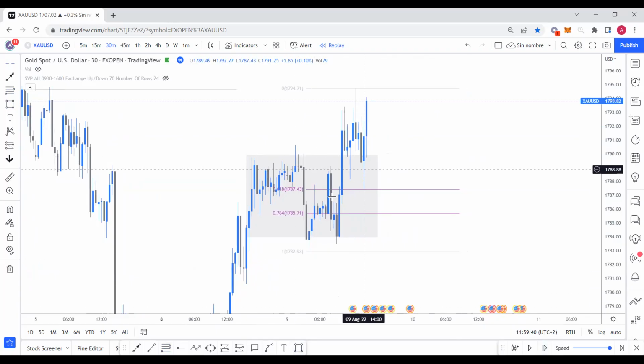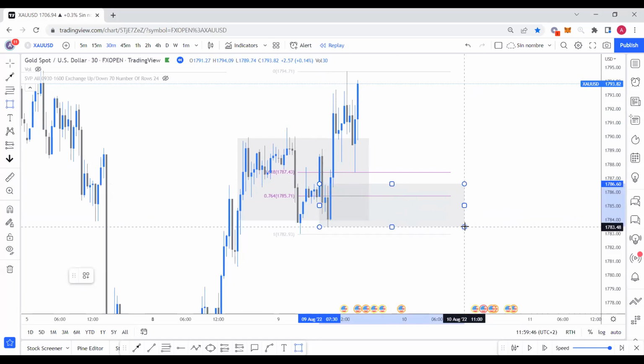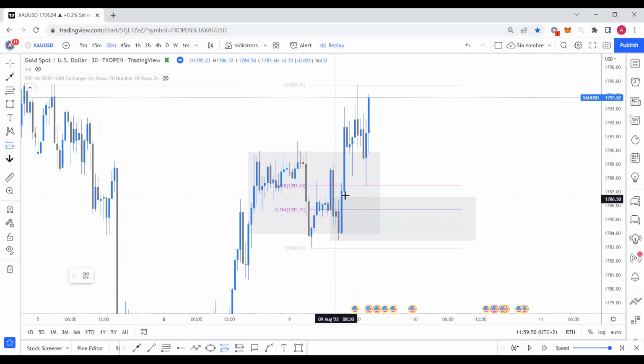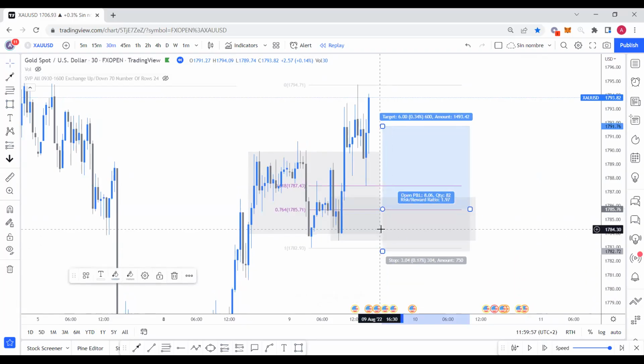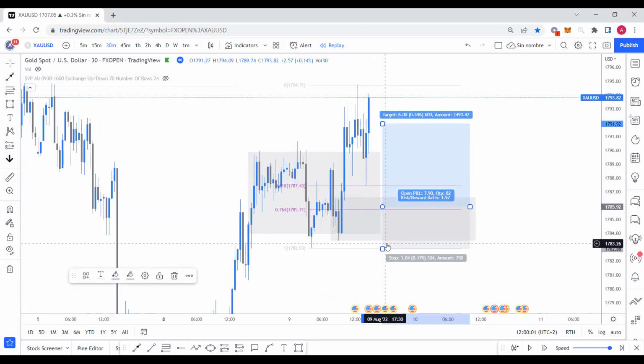Then, boom, trace your demand zone, then trace your buys. I always enter at this price, more or less. I always try to place my trade maybe a few pips higher than the 0.76.